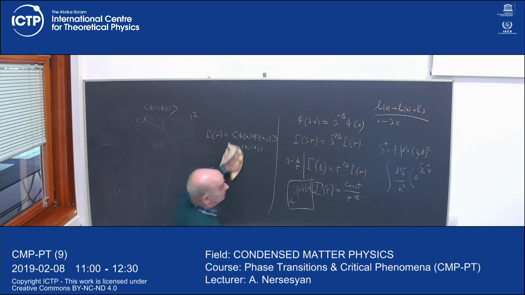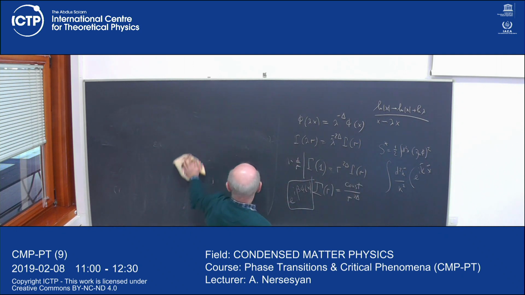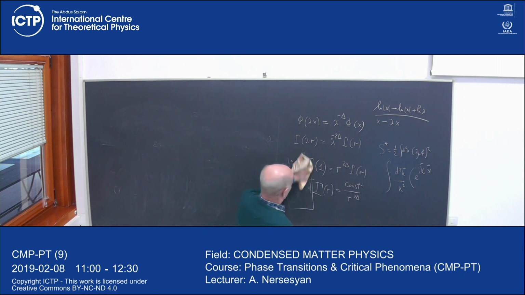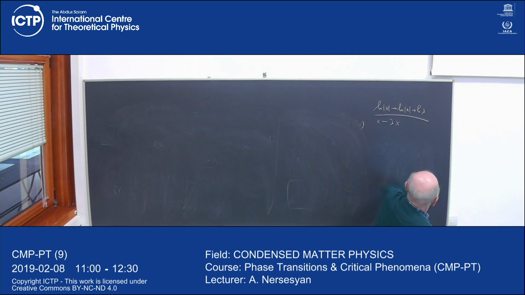This is an example of a scale invariant action, and therefore this is a fixed point action. Because at the fixed point, you remember, the fixed point action is the action which, by definition of the scale transformation, doesn't change its form, which is scale invariant.